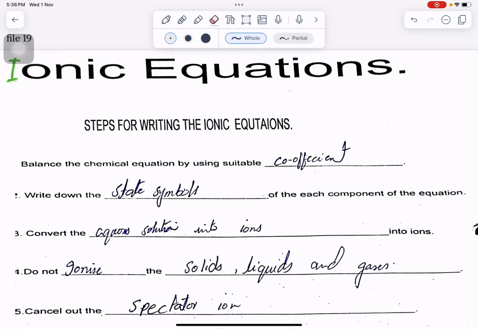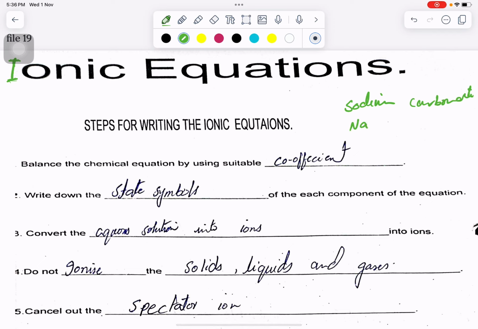Now number two, write down the state symbols of each component of the equation. Means if you are given sodium carbonate, you have to write the symbol of sodium, NaCO3. Like this.